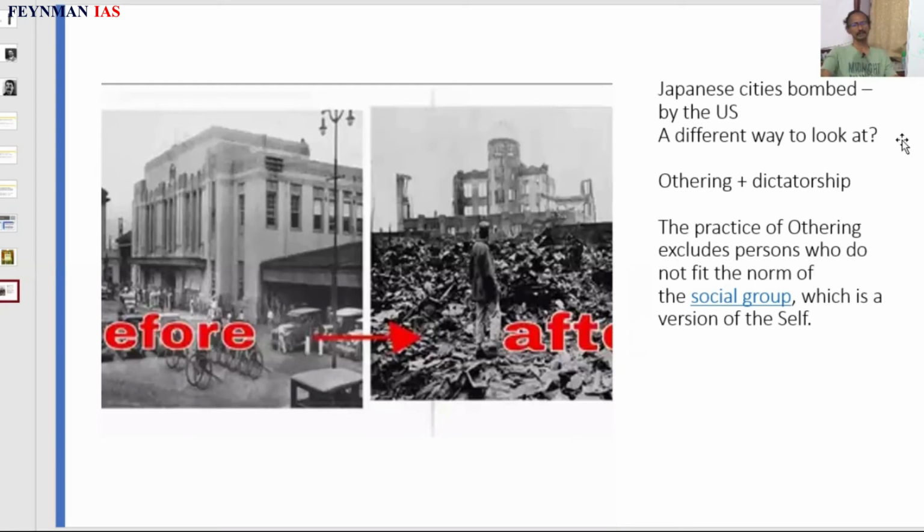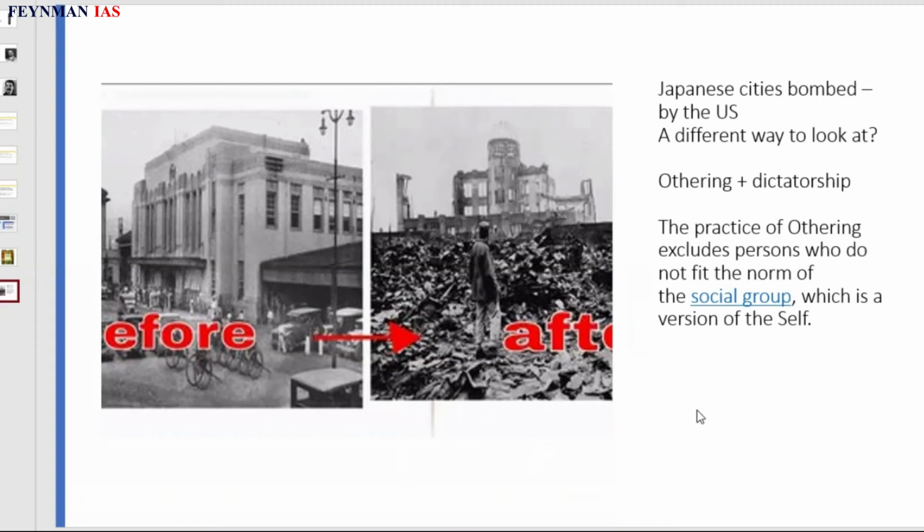And in democratic countries also, othering happens without personal dictatorship. Take for example, how do you explain the bombing of Japanese cities by the US? So much violence was committed by a democratic country, and US citizens approved. Was there a need?